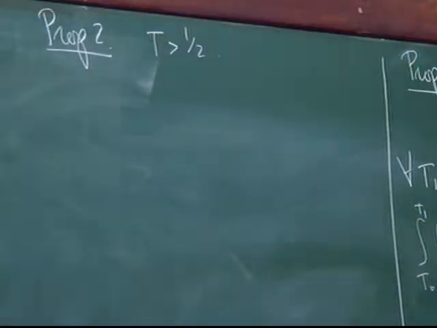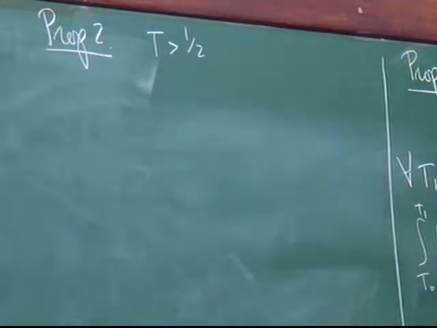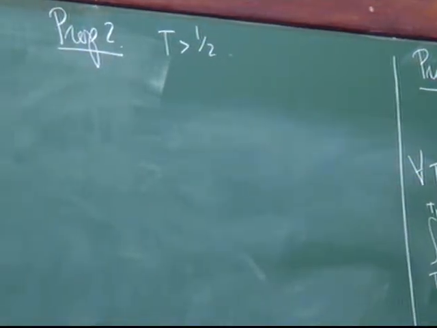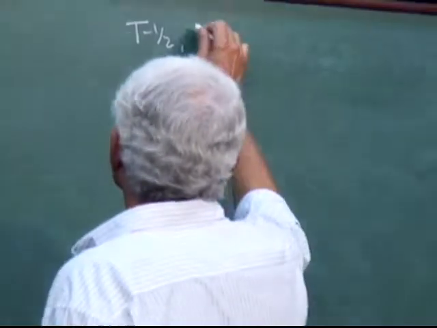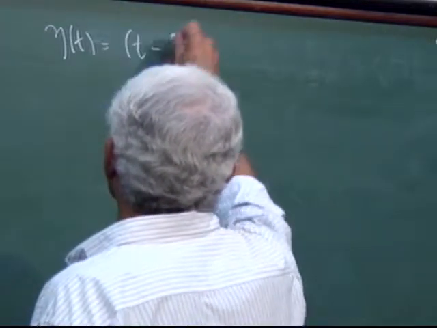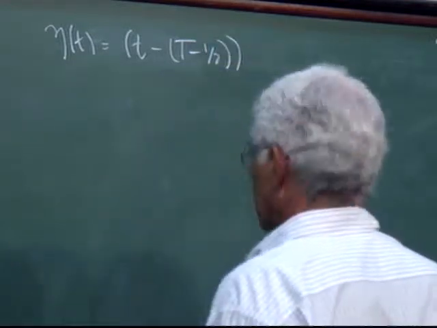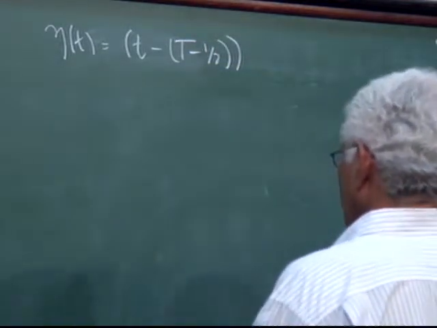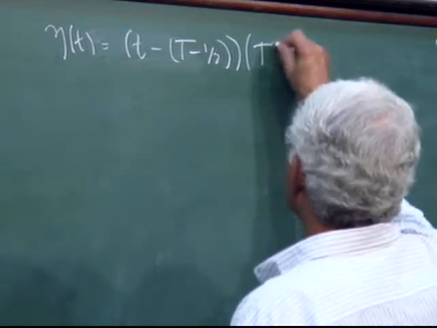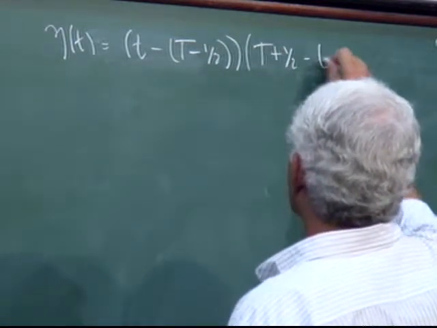Then you take the interval t minus 1/2, t plus 1/2, and you define this function: t minus 1/2, t plus 1/2 minus t.